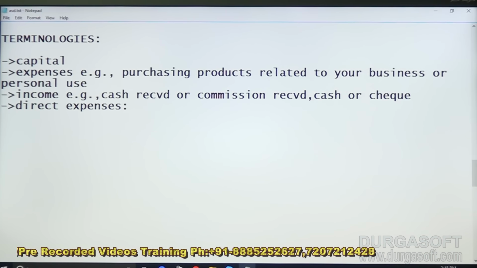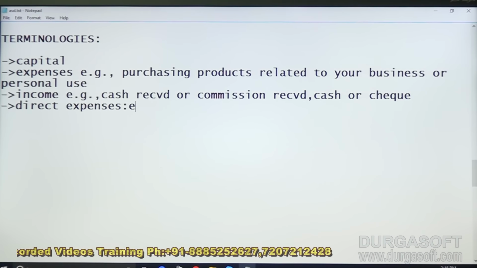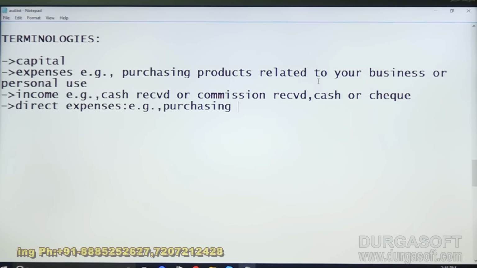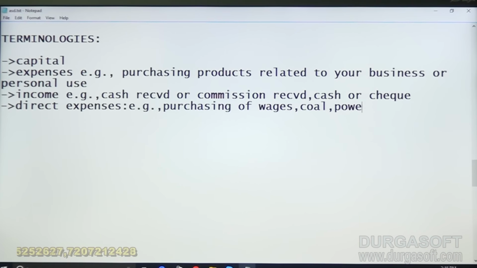It is nothing but wages. Example we can see: purchasing of wages, coal or power, fuel, all those.